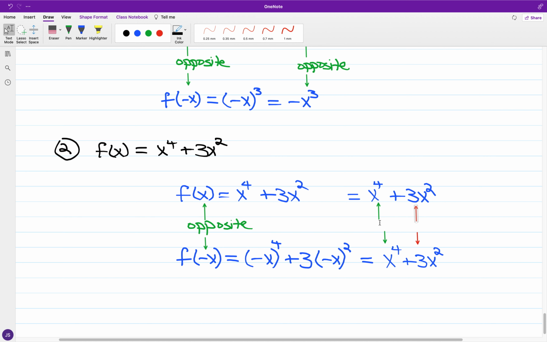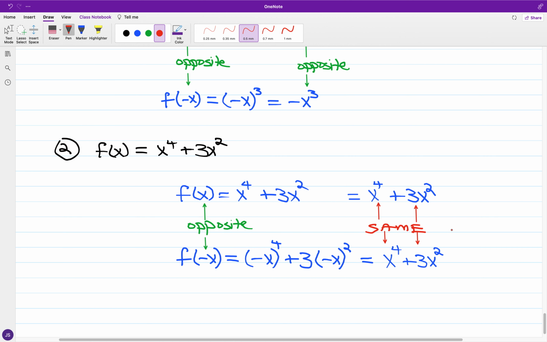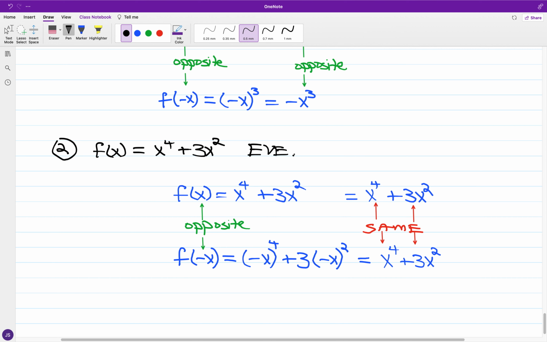So you have additive inverse inputs, and we have the same output unanimously. So for x to the 4th plus 3x squared, this is going to become an even function.